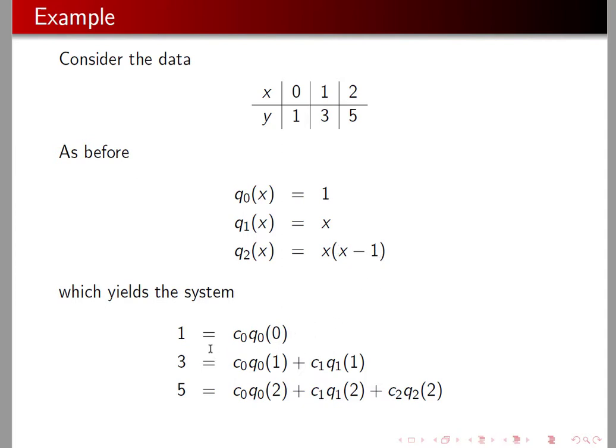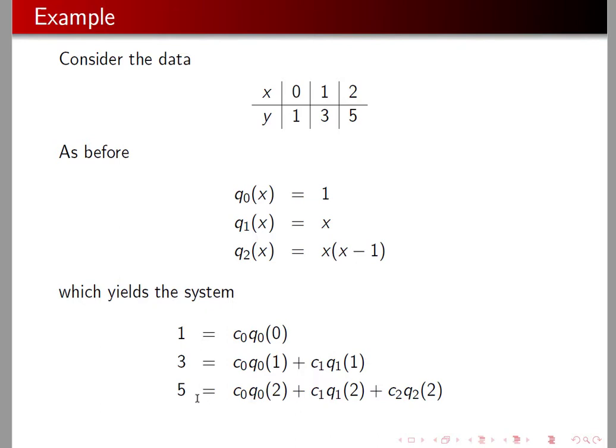This will give us a system where 1 equals c0 times q0 of 0, 3 is equal to c0 times q0 of 1 plus c1 times q1 of 1.